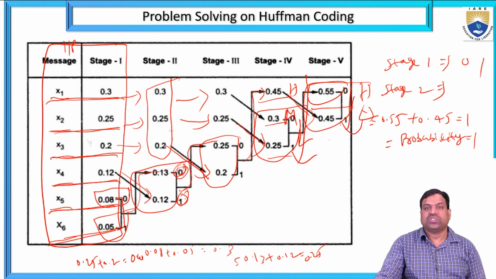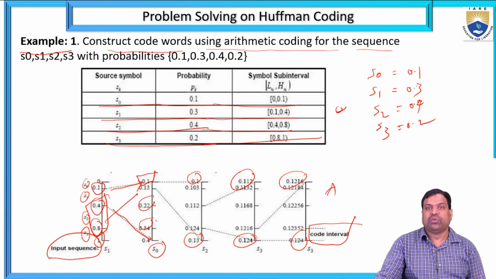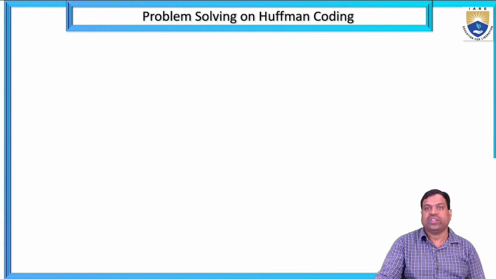Here I'm taking one message x1, x2, x3, x4, x5, x6 with 5 stages. Here is one example to construct a code word using arithmetic coding, where we have to form a code with L and H code length.